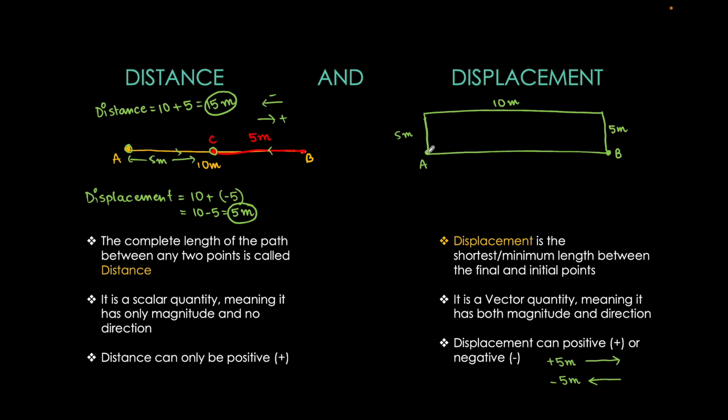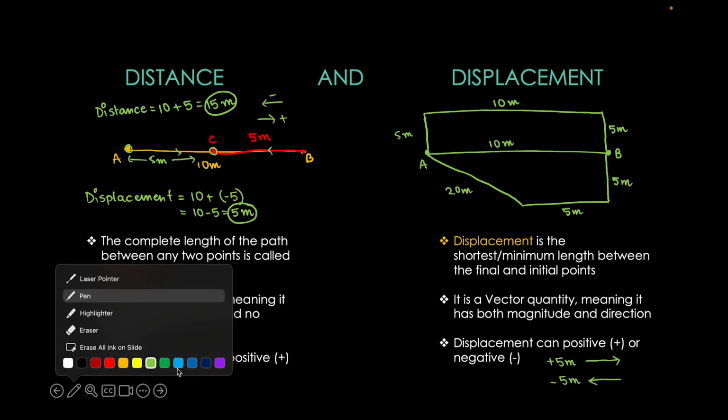One person decides to travel in a straight line from A to B, so he travels a distance of 10 meter. And another person, let's say, takes another path, which is 20 meter. It is 5 meter, and it is another 5 meter.